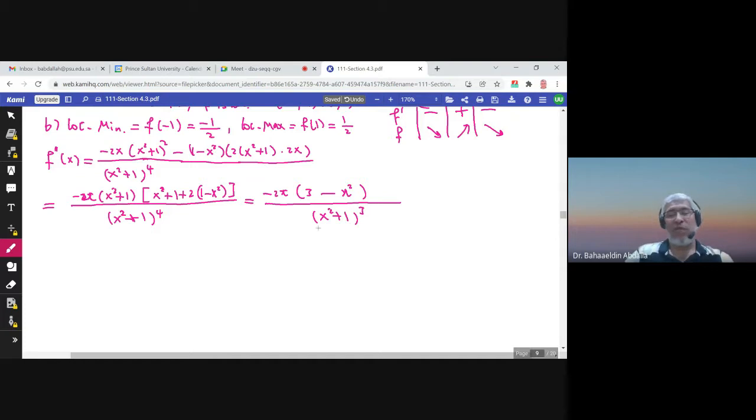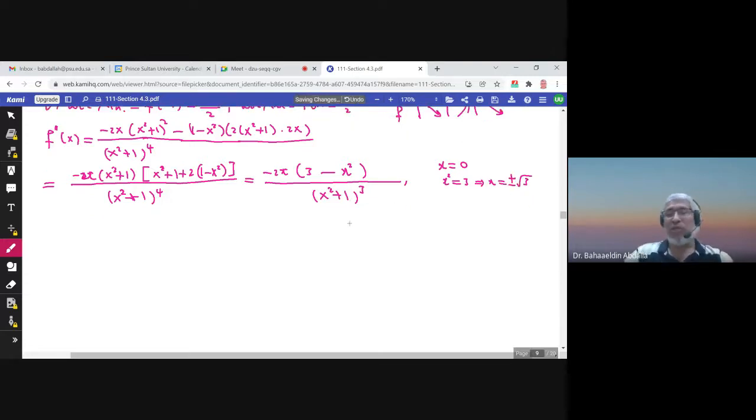Well, notice that the denominator is always positive, x squared plus 1. So the zeros of f double prime come from the numerator. X equals 0, this is a zero. And x squared equals 3, or x is positive and negative square root of 3. So these are 3 zeros of f double prime.